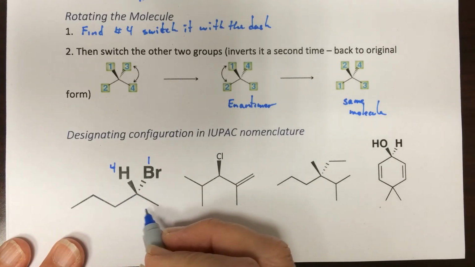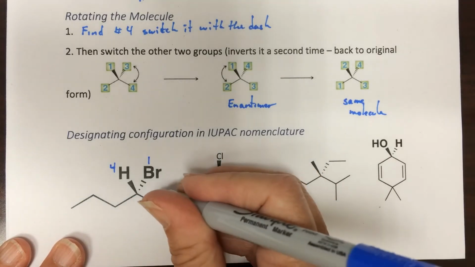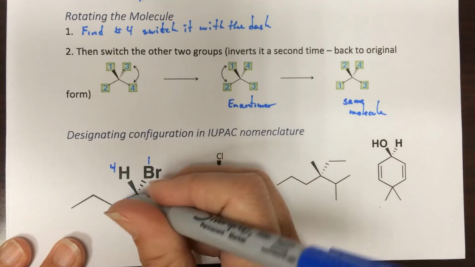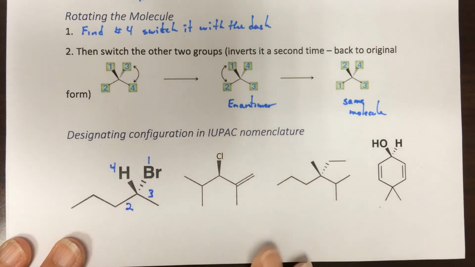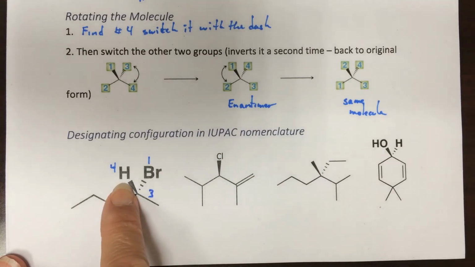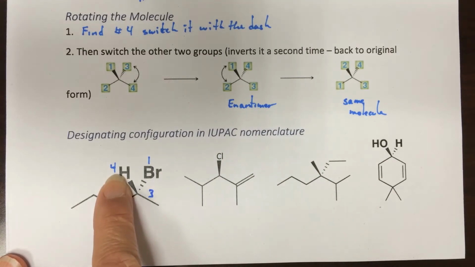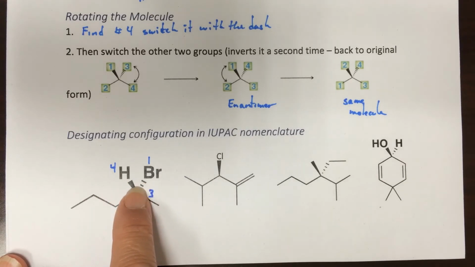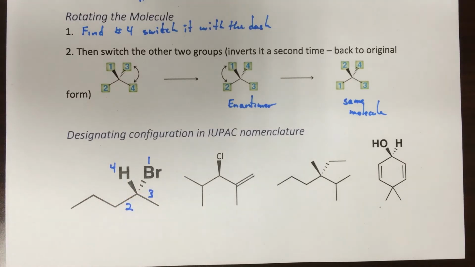So the methyl group is going to have a lower number than the longer chain. Okay? Now we need to do some switching because our hydrogen, our number 4 group, is on a wedge and not on a dash. So I'm going to get a different color and do some switching.